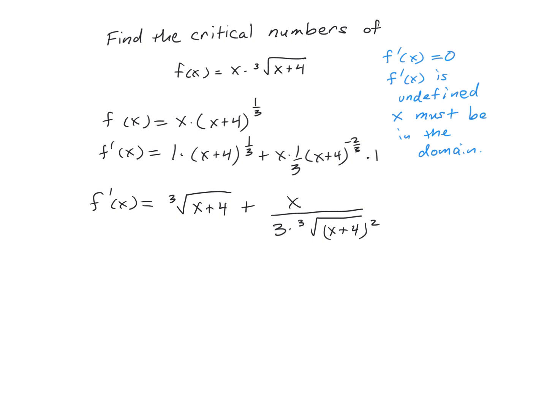Now, it should be very clear to us that when x is equal to negative 4, this derivative is undefined. And it's very important to understand that negative 4 is in the domain of the original function because the cube root of 0 is defined as 0.